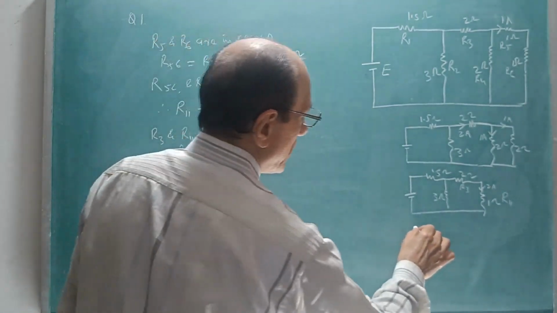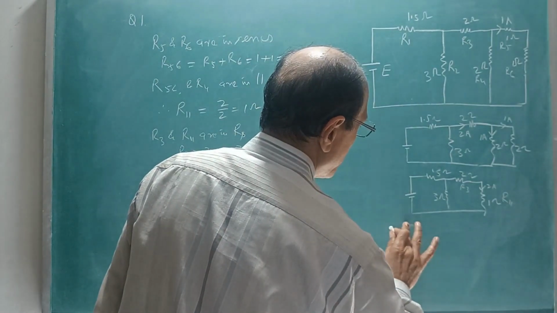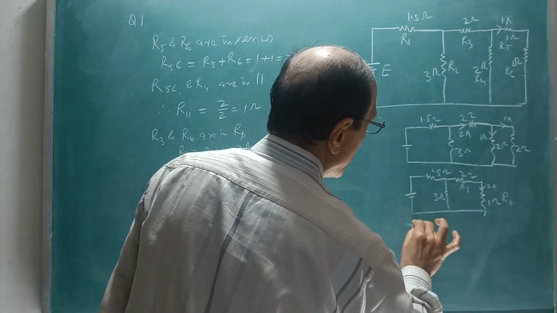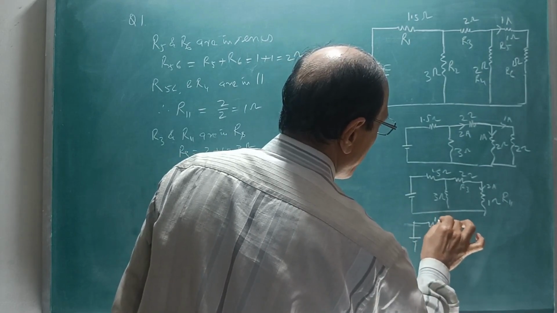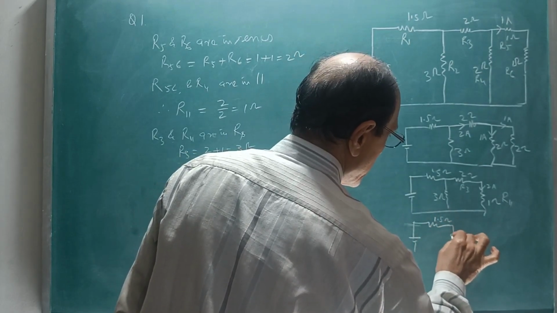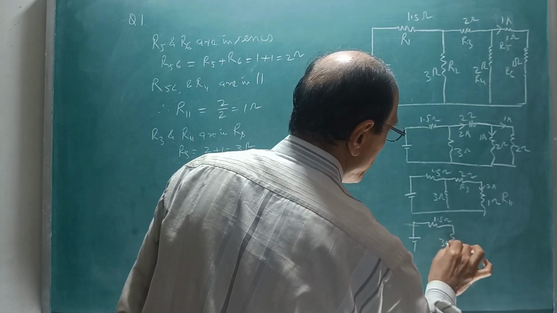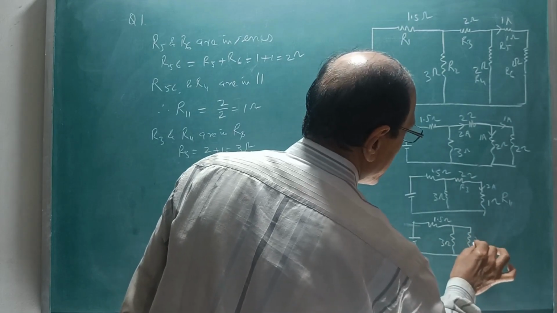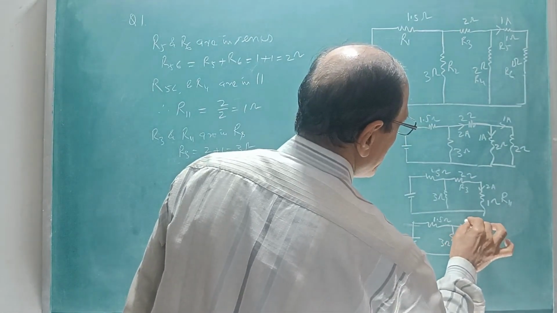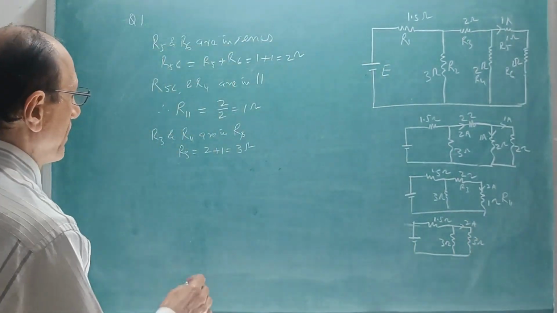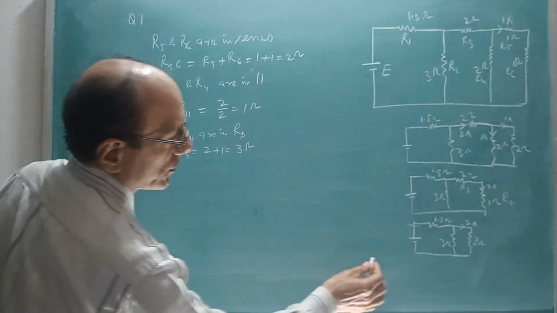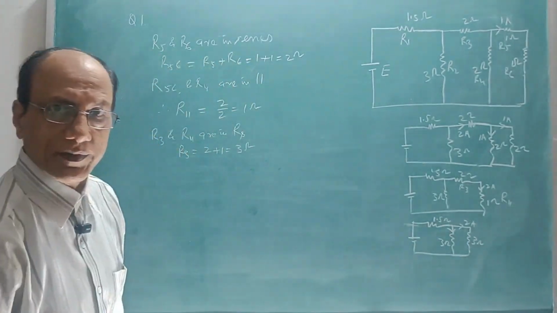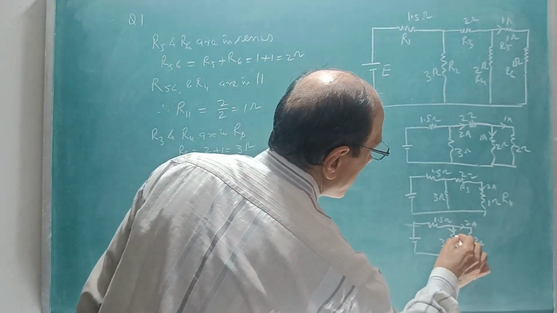Now the equivalent circuit becomes 1.5 ohm. This is 3 ohm and then these two also will become 3 ohm and here the current is 2 ampere. So definitely the current here will also be 2 ampere.